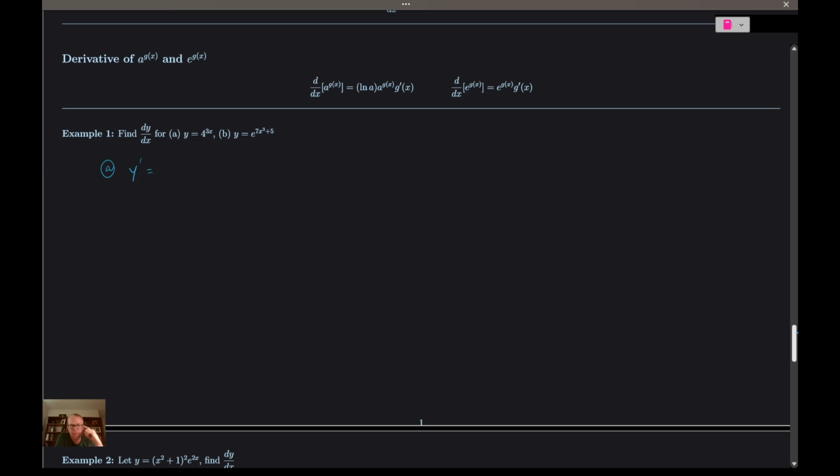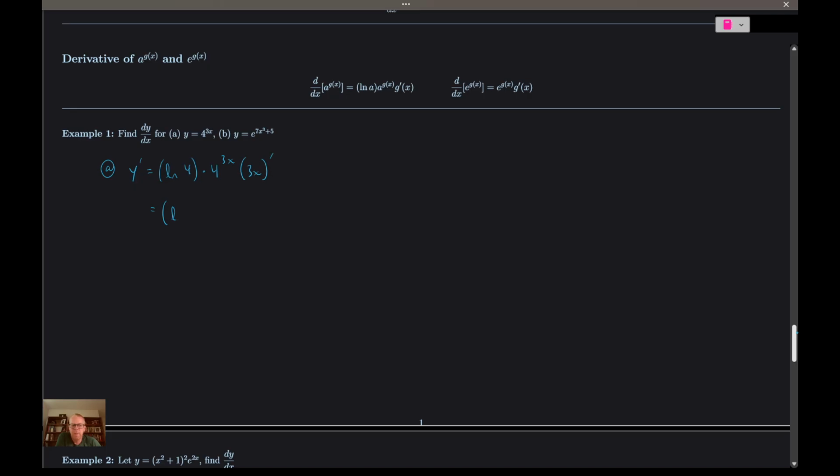So here we have y equals 4 to the 3x. So we're going to have to use the chain rule. So just use the formula that we had. So this would be ln of 4 times 4 to the 3x. Now we have to multiply by the derivative of 3x. So we could write (3x)' here if you like.